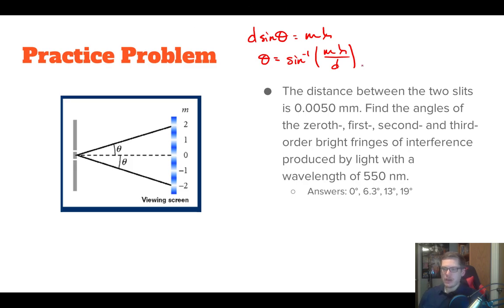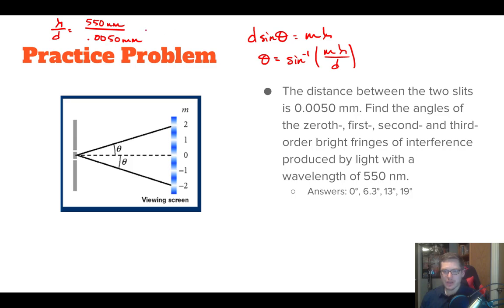Now, m is what's going to change as we go from 0 to 1st to 2nd to 3rd. Lambda and d are always going to be the same, so we can just solve for lambda over d first. This would be 550 nanometers over our distance, which is 0.0050 millimeters. But we have a problem here, because one's in nanometers and the other's in millimeters, so we have to convert.